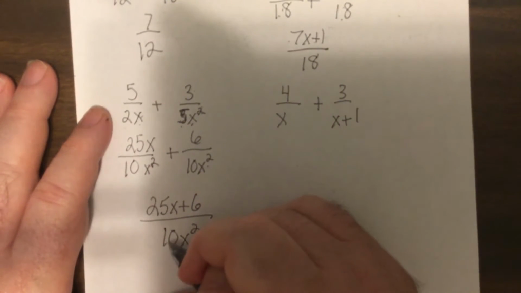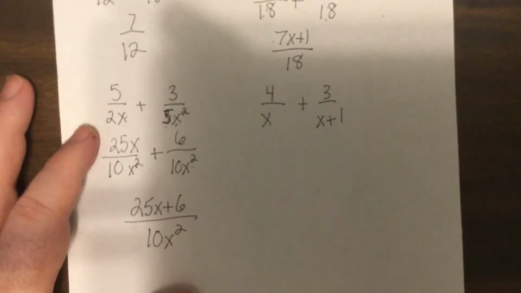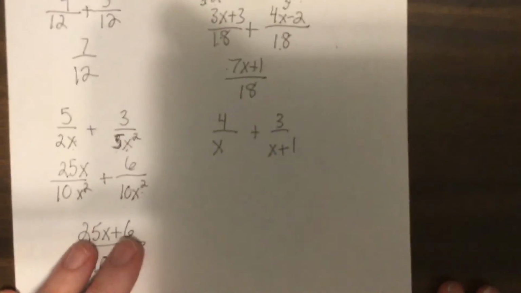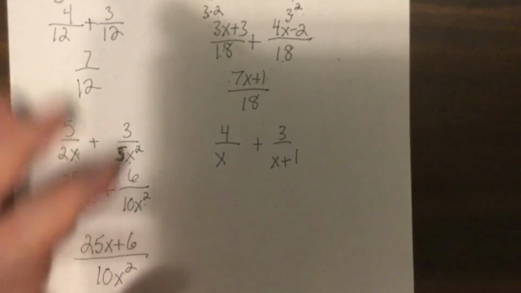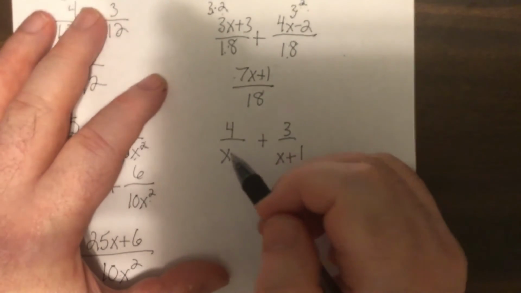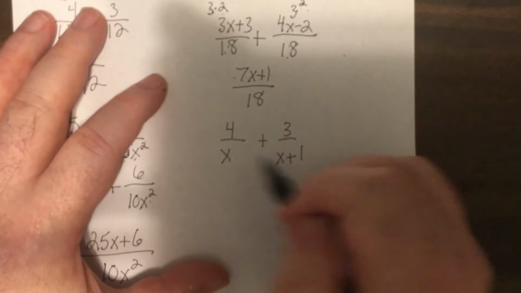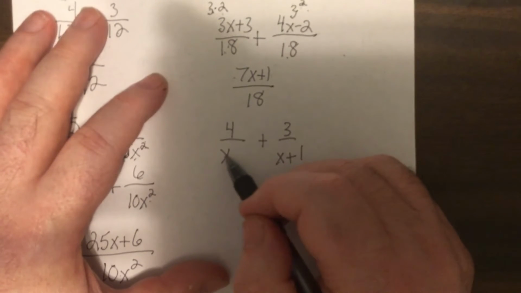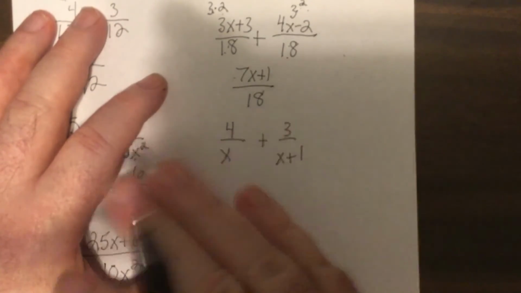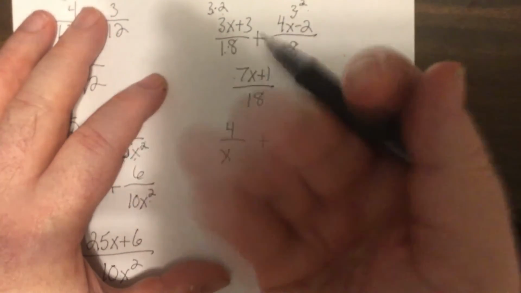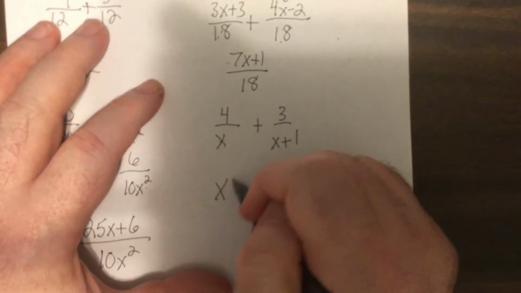Then you look, is there a term that goes into all 3? And I don't see it. Now, here's the one that most people mess up. If you're going to mess up, this is where you're going to mess it up. x and x plus 1 are 2 different terms. If I put 5 into x, this would be 5 plus 1 is 6. Totally different. So I need both.